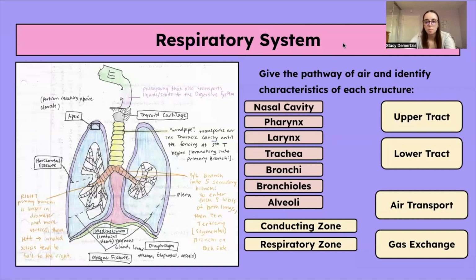So this is the pathway of air, and it's very similar to a lot of processes or pathways within the human body. So there's a pathway for air.